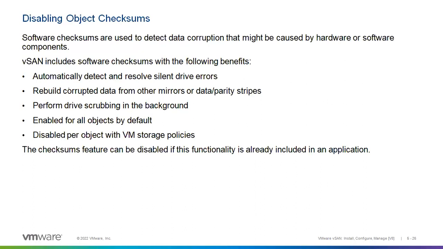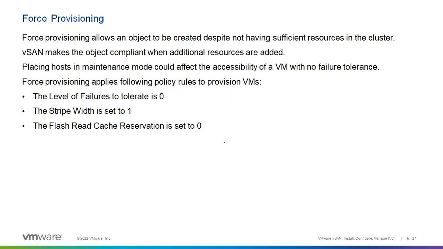Object checksum, that I told you, these are the features of object checksum. You should keep it enabled by default. But if your application is capable of checksum and repairing the objects, then you need not enable it. But ideally, we have seen that in most environments it is enabled.